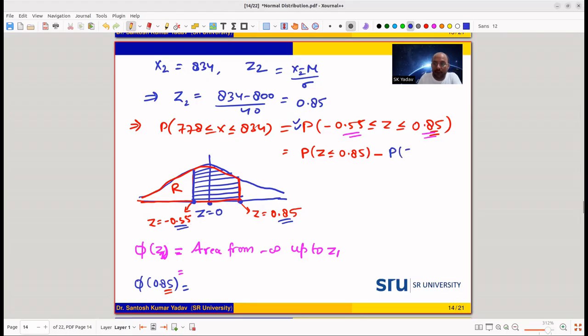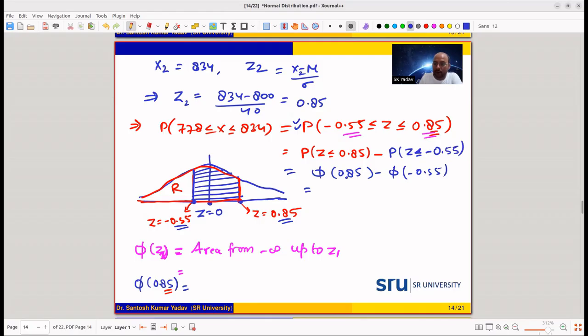So P of z is less than or equal to minus 0.55. And so this can be denoted by phi of 0.85 minus phi of minus 0.55.